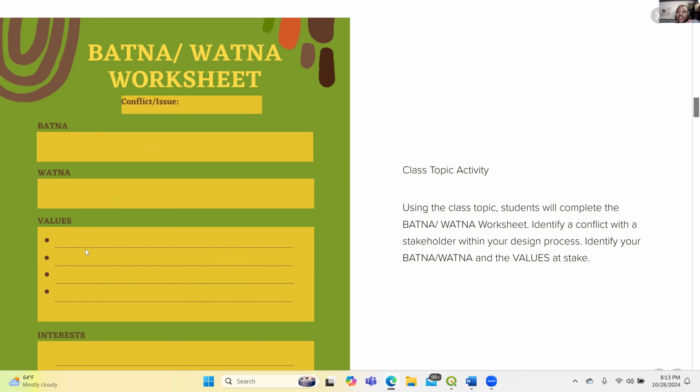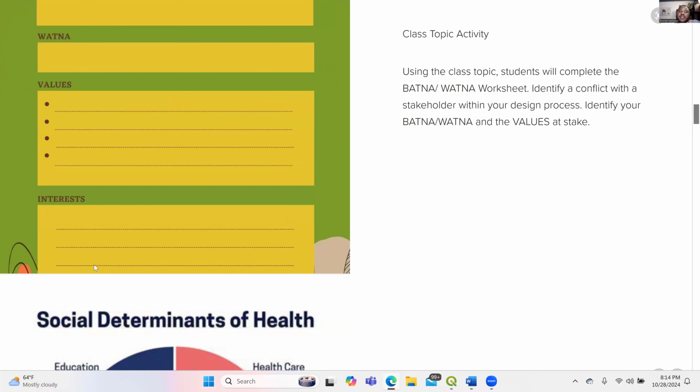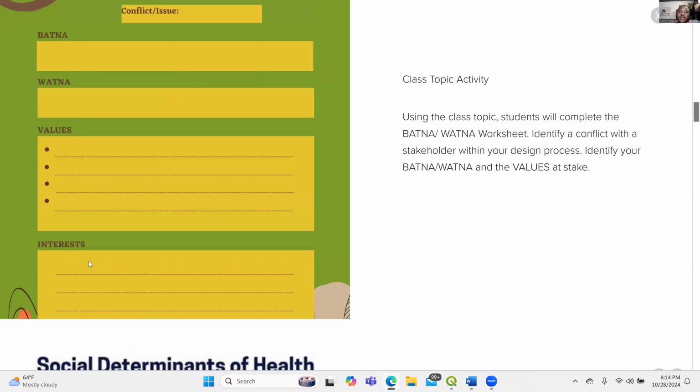These values should reflect the interests of your stakeholders. So values of economic opportunity, community space building, event space, wildlife habitats for local flora and fauna, right? Whatever those values are, you want to identify them. And then you want to figure out what your interests are, right?